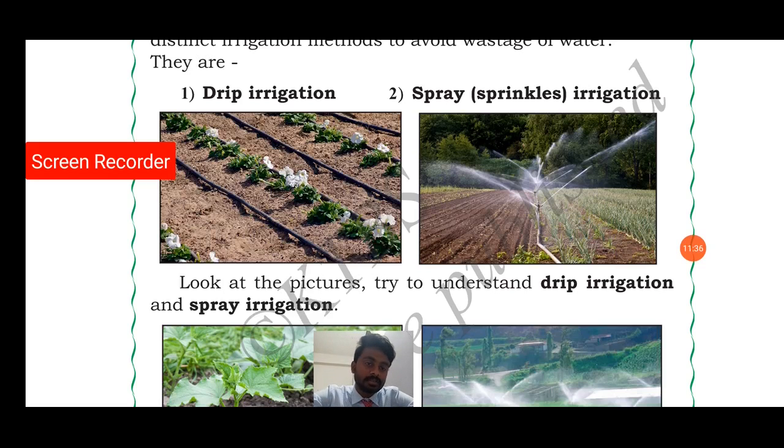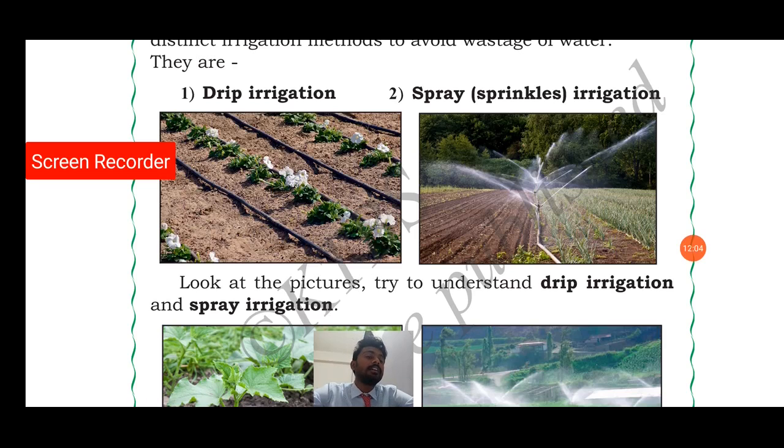Many times the farmers also mix some manures in the water. So farmers use drip irrigation, and it also controls the wastage of water.